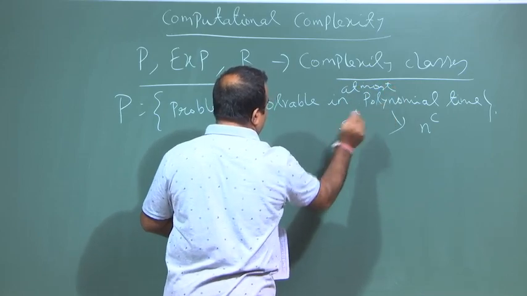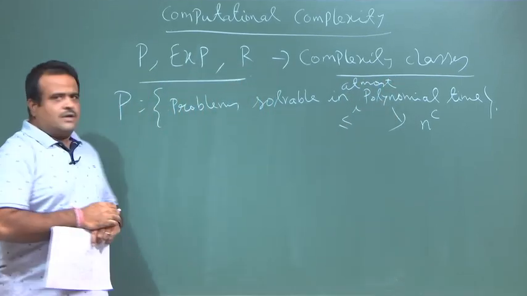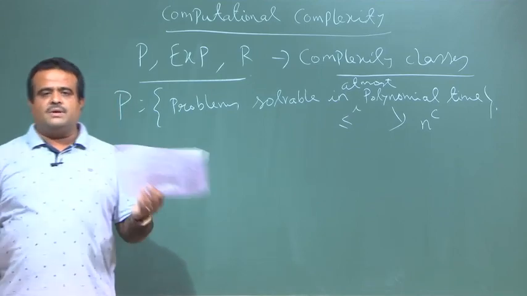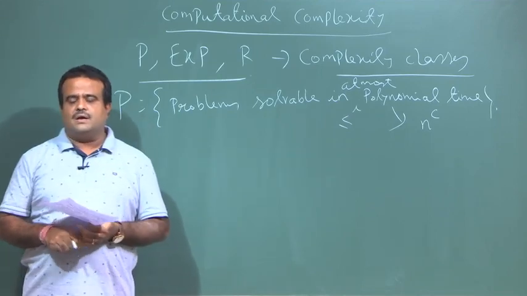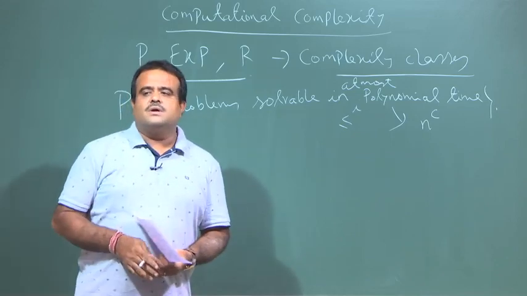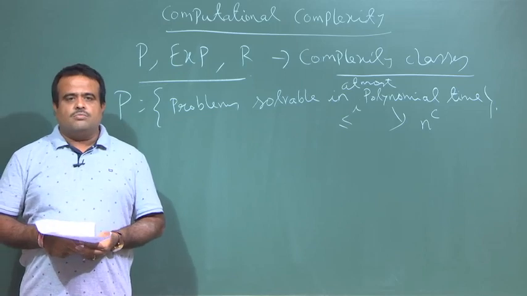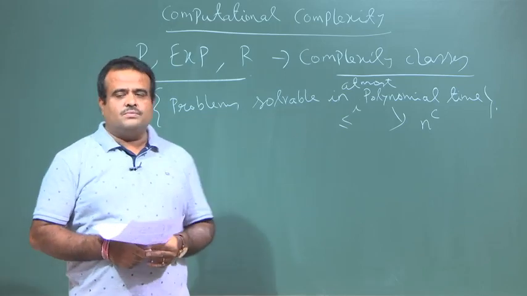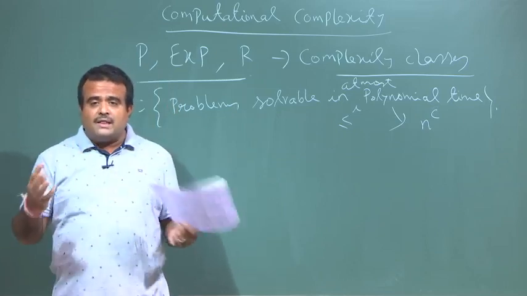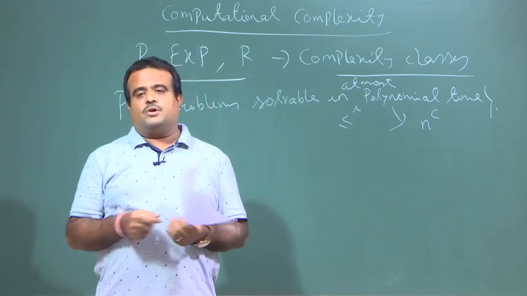This is the class where we consider all the problems which can be solved in polynomial time. We have seen many problems so far in our lecture, and most of them we have solved in polynomial time, but today we want to know that there are a whole lot of problems which cannot be solved in polynomial time.